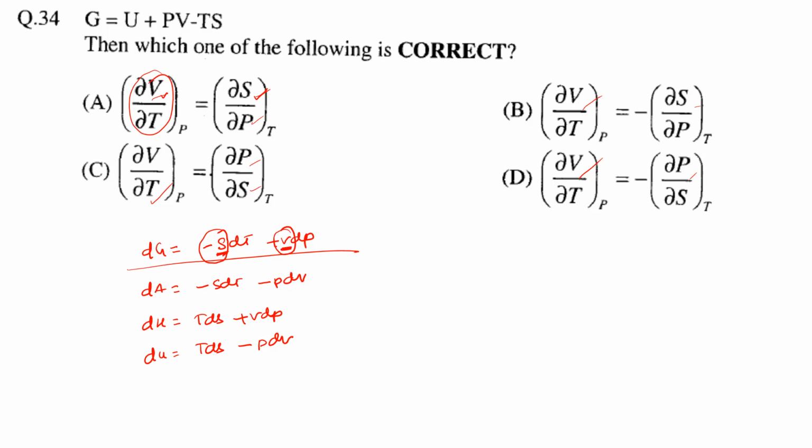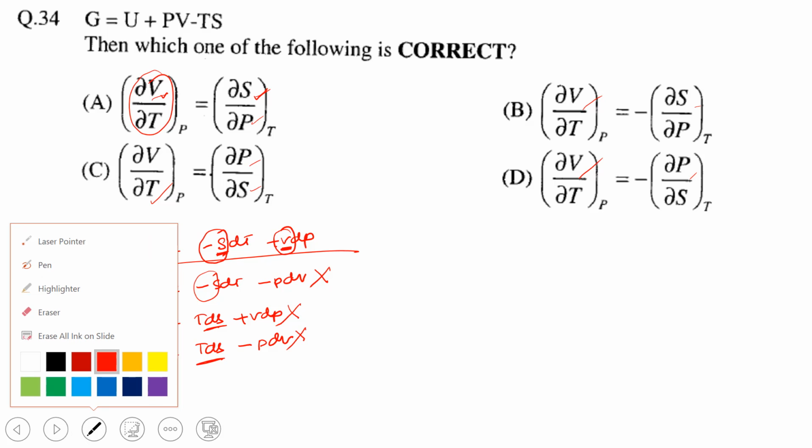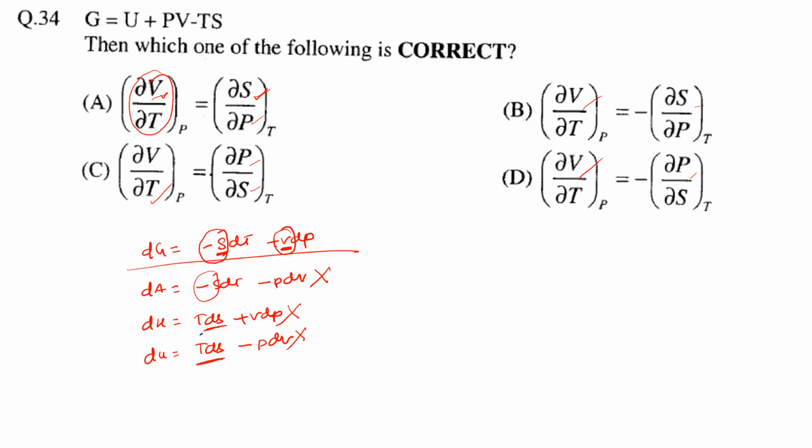Entropy is without any differential, but volume is in differential, so this will not be the equation which will give you this answer. Then dH, here dS is in differential, right? So this is also not going to solve your problem because here is also dS. Okay, so we are left with only this equation.